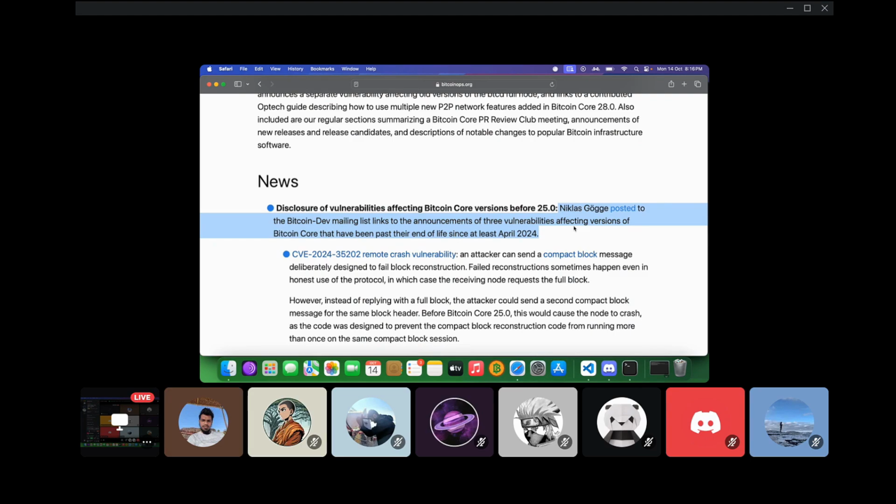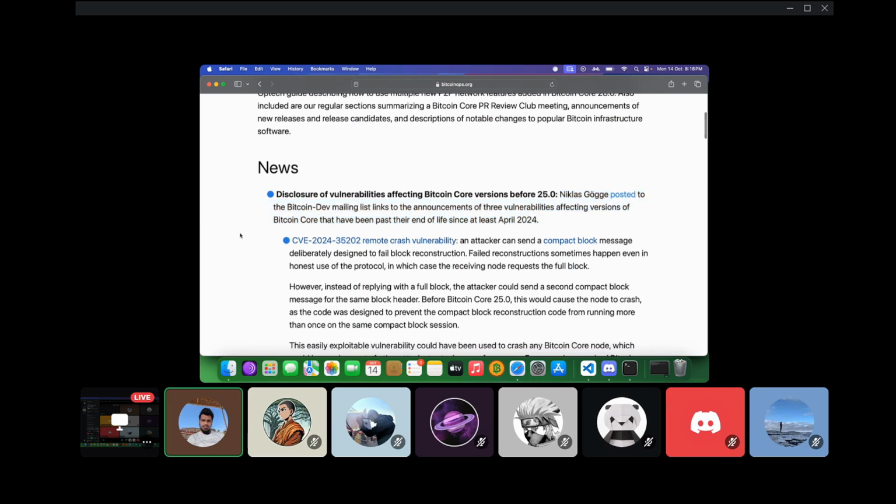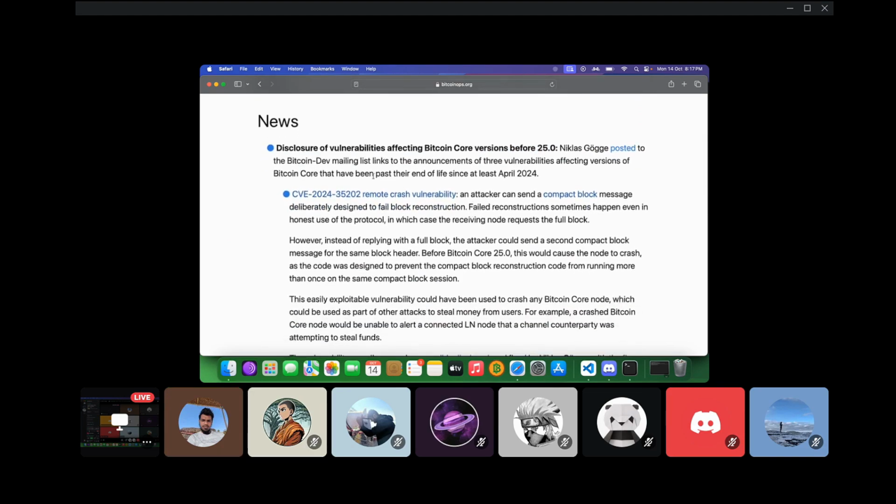So these are three vulnerabilities that affect Bitcoin Core versions before 25.0, the latest version being 28.0.